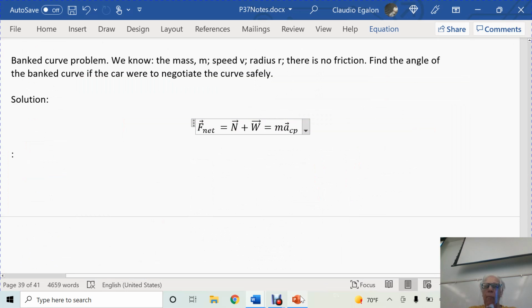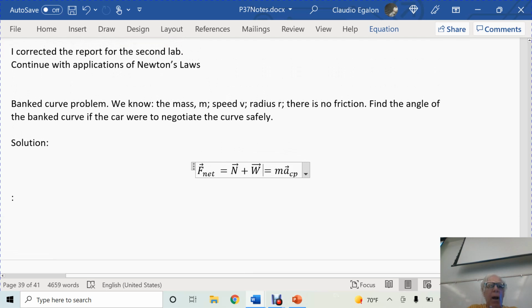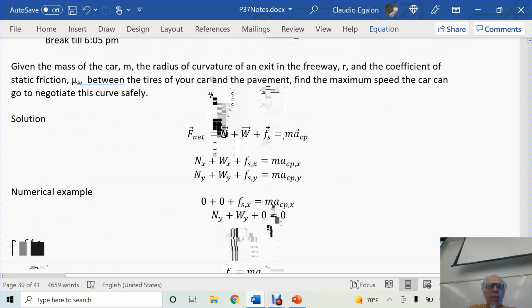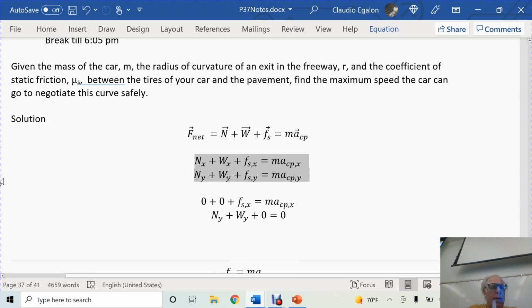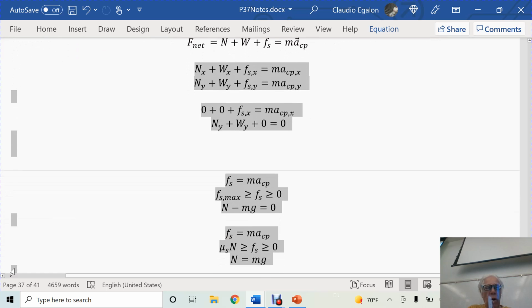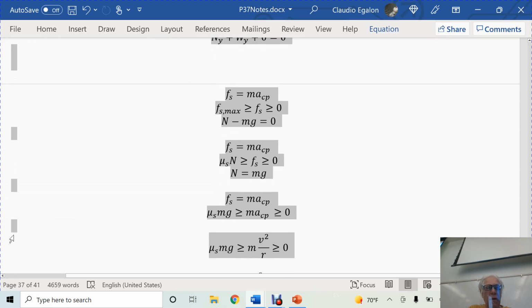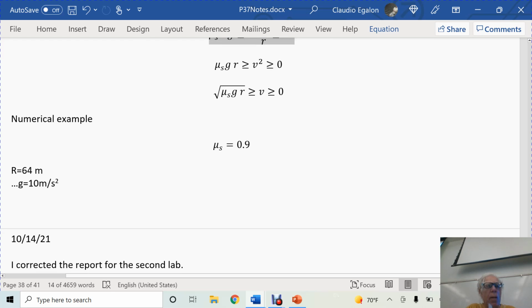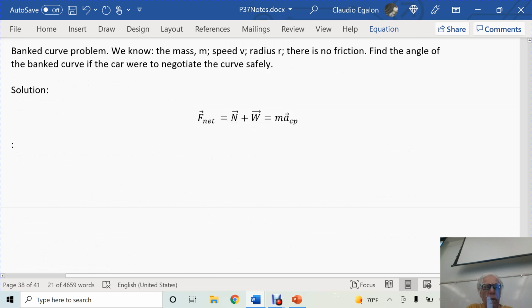And we can break down this equation into x and y components. I'm going to copy everything so it makes my life easier. And we can even come up with a numerical value as well.